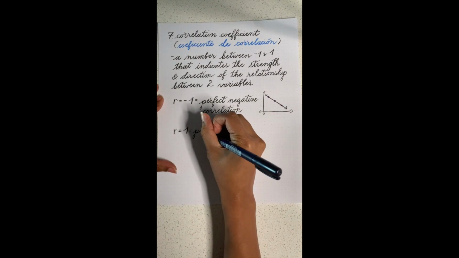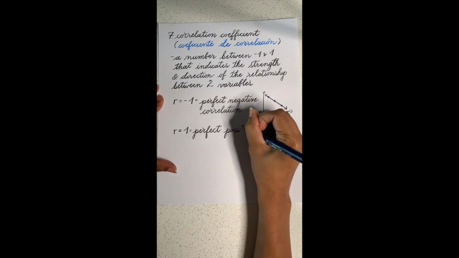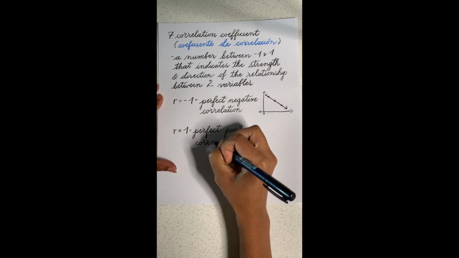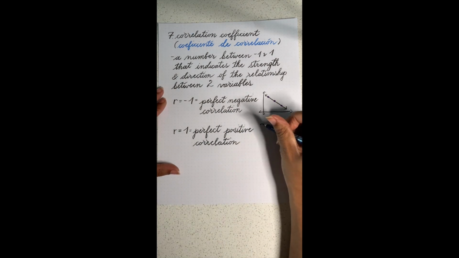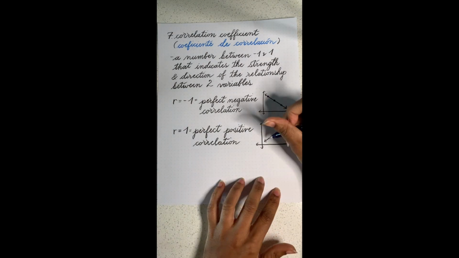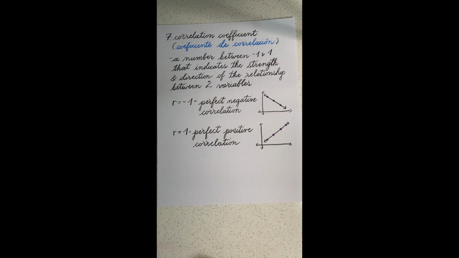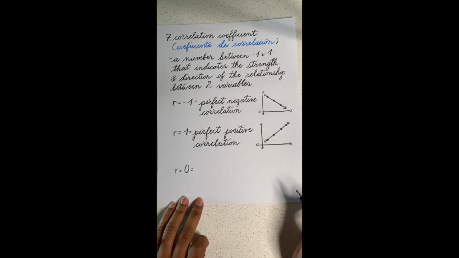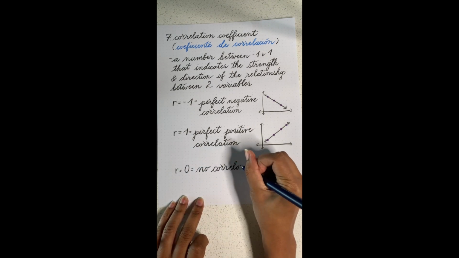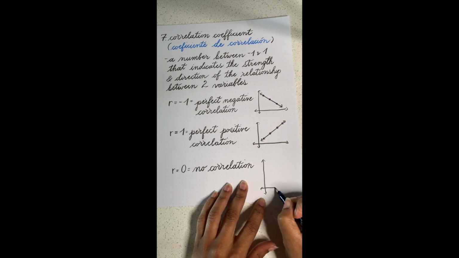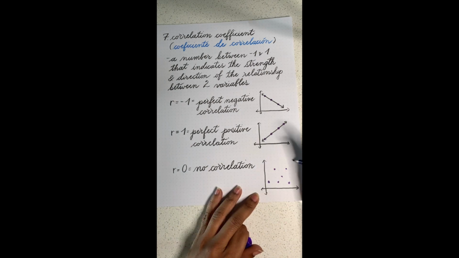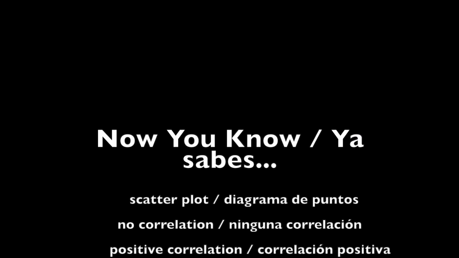Okay, so if it's not a perfect straight line, it's going to be either in between -1 and 0 if it's negative, or between 0 and 1 if it's positive. So that means some sort of decimal or fraction. So it's 0 if there's no correlation, which is just random dots. So that's pretty much it.